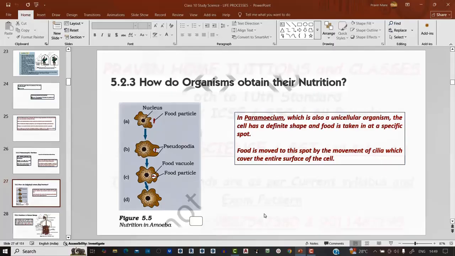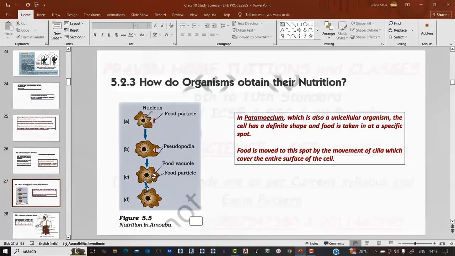Here, figure 5.5 shows nutrition in amoeba. First, amoeba finds its food, that is a food particle. Then, around the food particle, pseudopodia, that is false legs, are formed. Then, a food vacuole is created and food is taken inside the body.